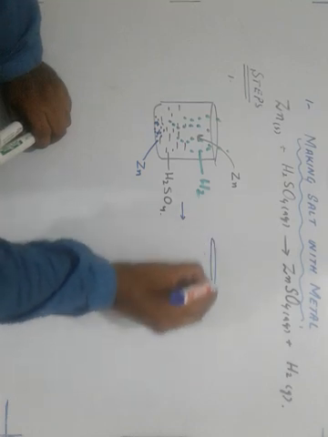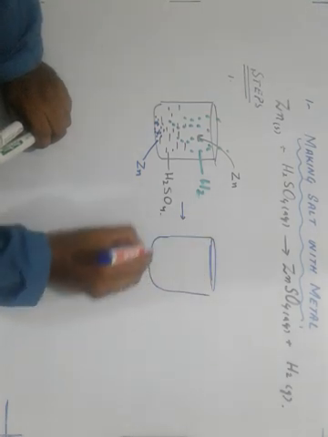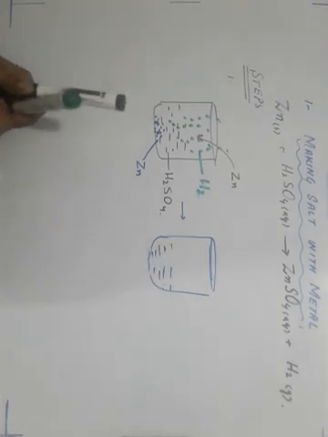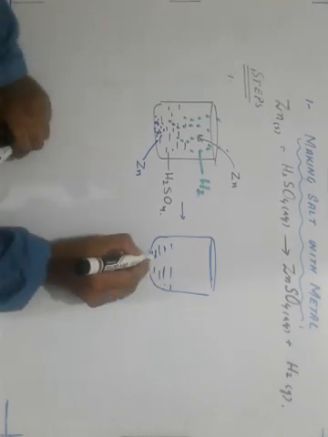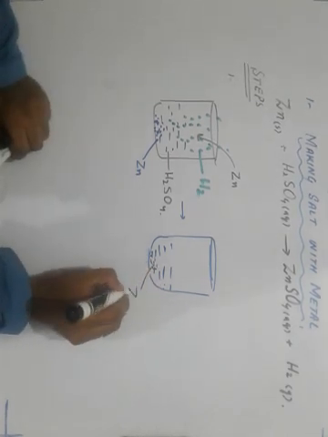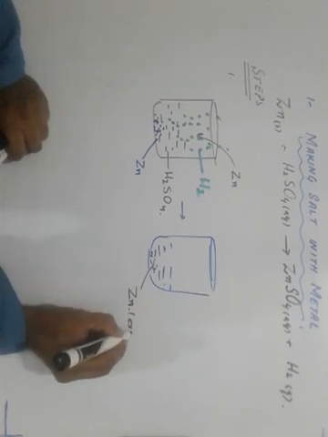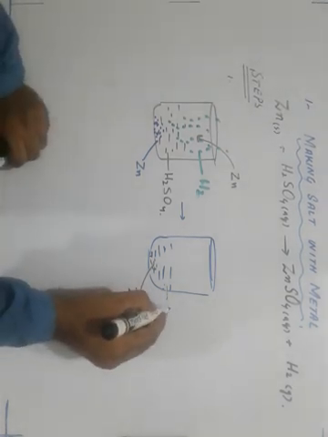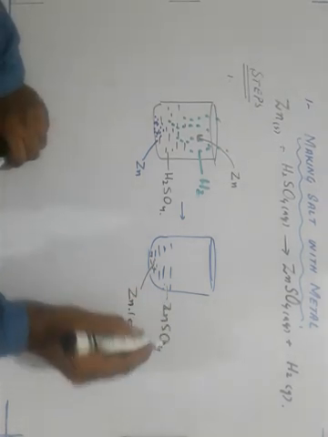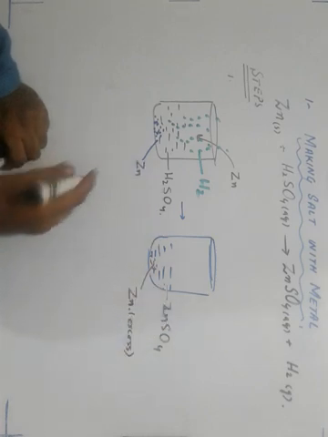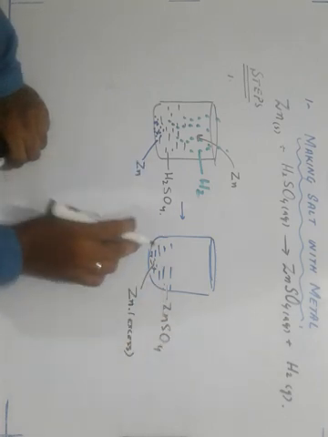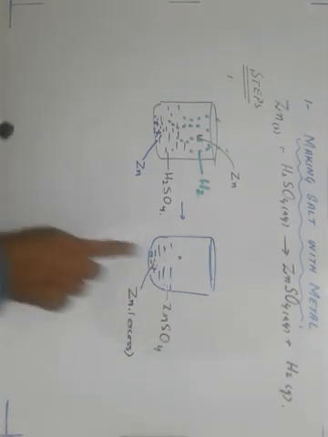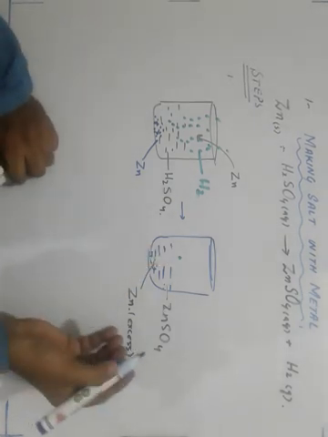So you will find that the solution has extra zinc in excess, and now you have a solution of zinc sulfate, because all the acid has reacted with zinc, so there is no H2SO4 in the beaker, and there are no bubbles of H2. It means that the reaction is completed here.